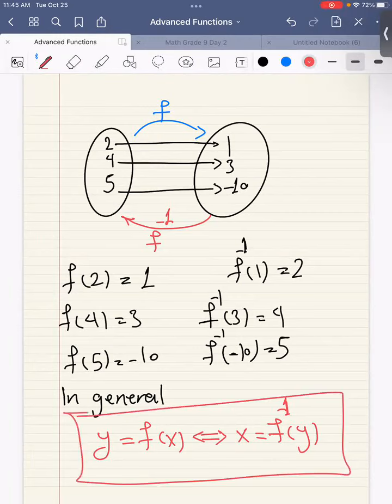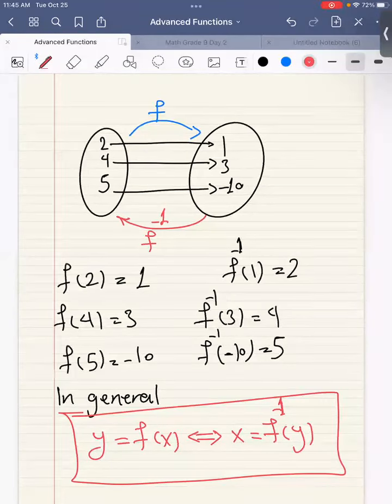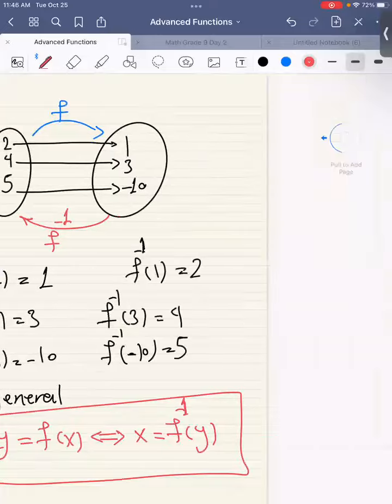This is super important. For some questions, you saw this before, they want you to find a formula for the inverse function, and you have to use this. This is the guiding principle, this red formula in the box.